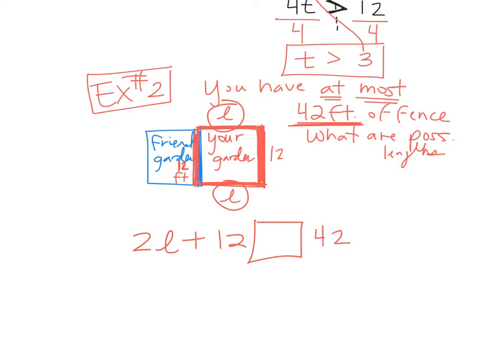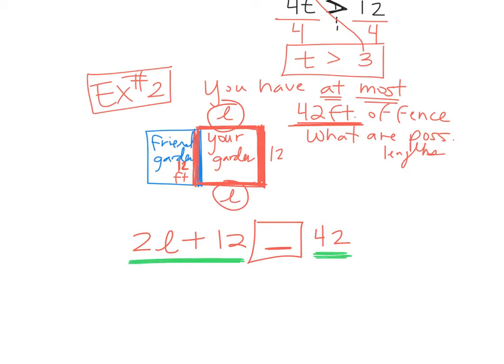Okay, so could we use 42 feet? If it's at most 42. Is 42 allowed to be an answer? Yeah, it can be 42, right? If it's at most 42, then 42 is included in that. Okay, so we know it's going to have the equal sign under it. We have to figure out, is it greater than or less than? So basically we're saying this amount here has to be what compared to 42?